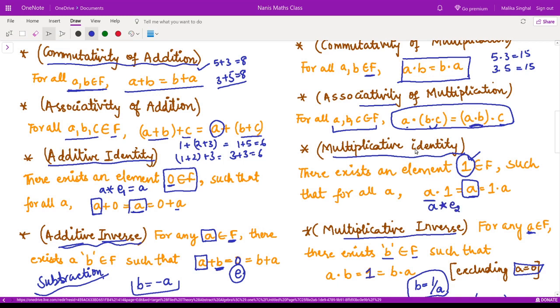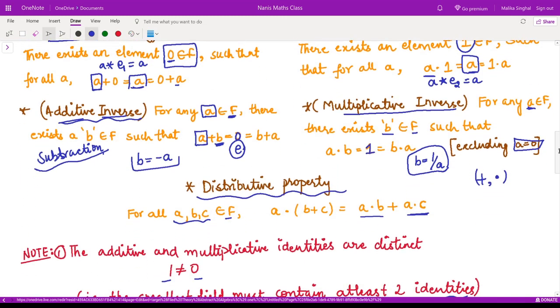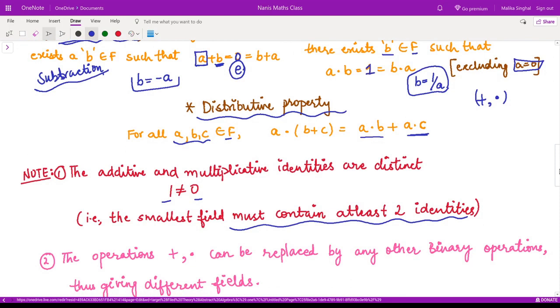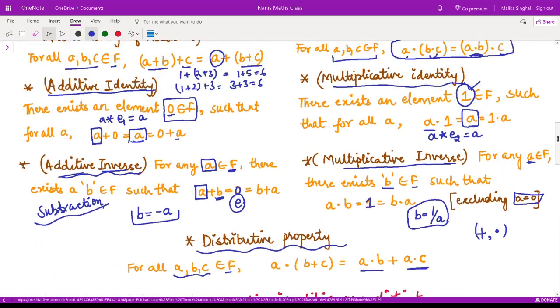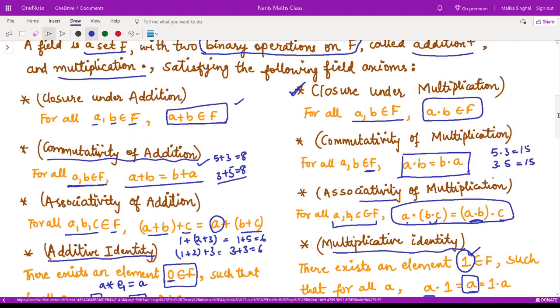I'm calling this another identity e2, is equal to a, right? Likewise the inverses would also be changed. So the binary operations, addition and multiplication, can be replaced by any other binary operations, thus giving different fields. So now you must all be thinking that there are so many properties to be remembered.